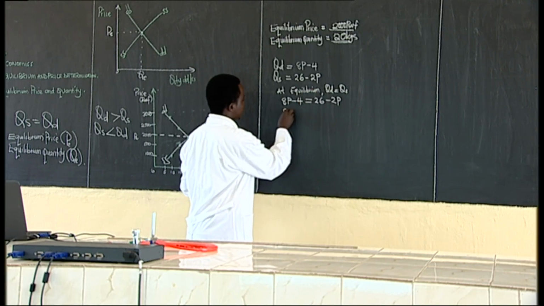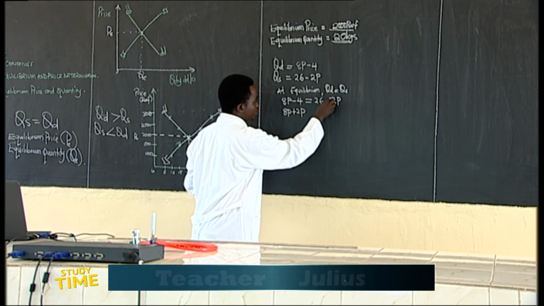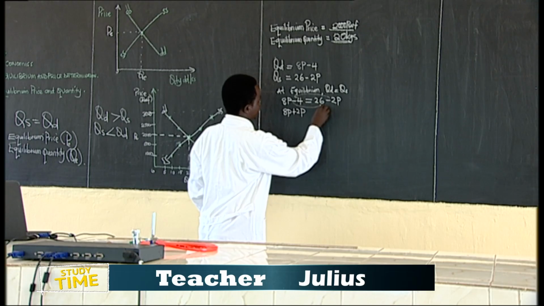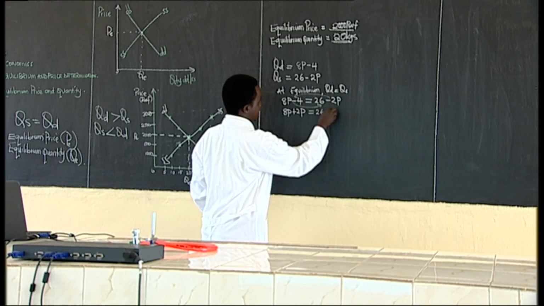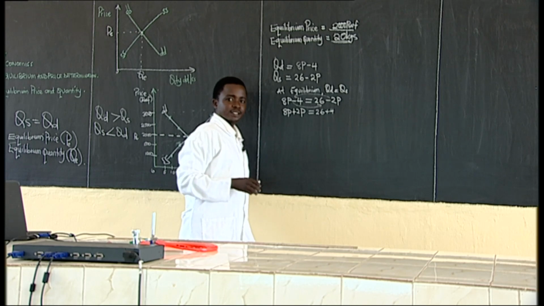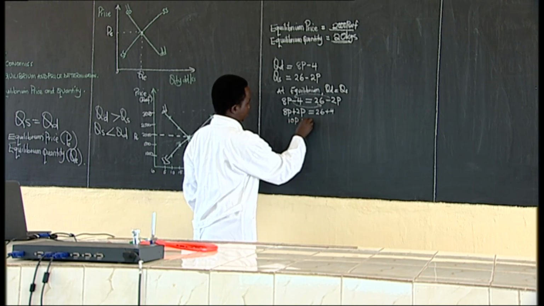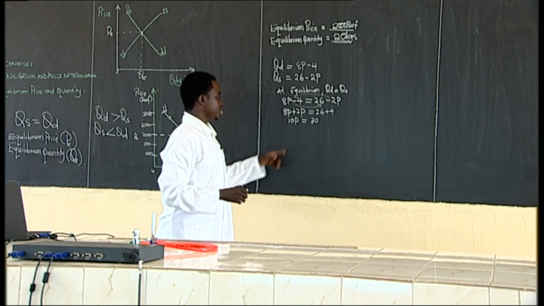So therefore, we shall have 8P plus 2P. We have brought this side. Then we take negative 4 this side, which is equal to 26 plus 4. Then from there, we shall have 10P equal to 30. What do you do to get the value of P?